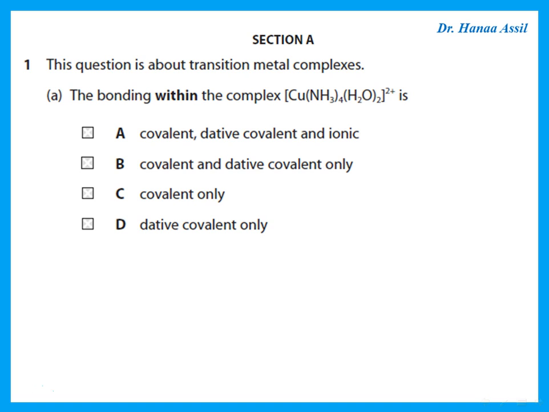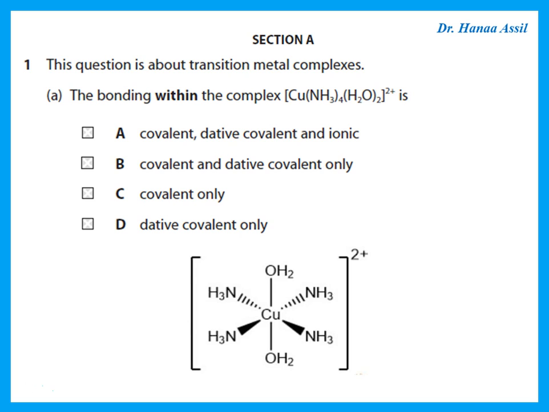The first question says, this question is about transition metal complexes. The bonding within the complex shown is what? If we draw this complex, it's between copper 2+, 4 ammonia molecules and 2 water molecules.